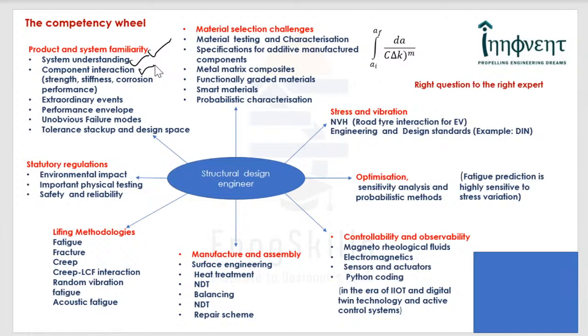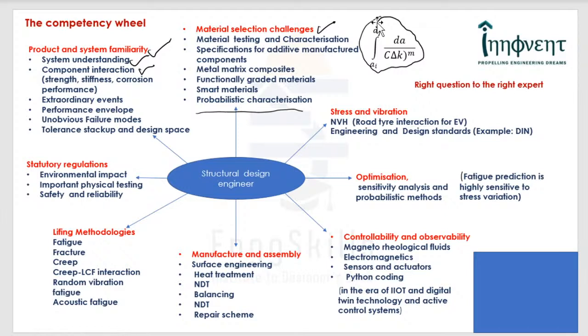And as far as the material selection challenges go, today most of the industries are resorting to probabilistic methods, and as an example we would be looking at probabilistic characterization of materials. We would cite an example and discuss in brief, given the time constraint, the idea of probabilistic fracture mechanics.